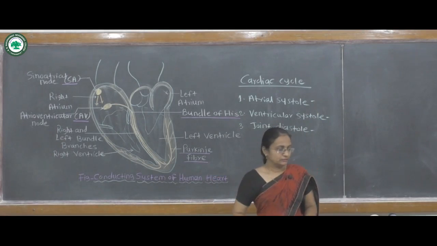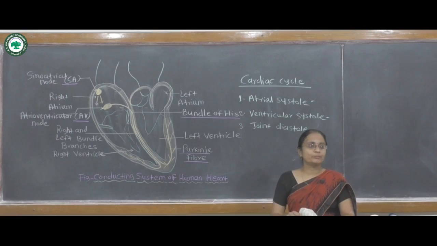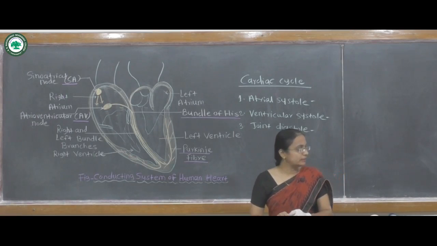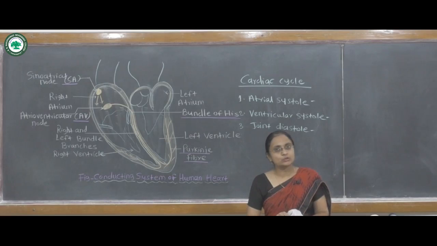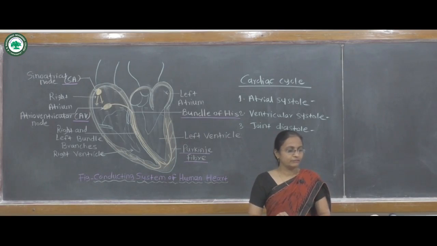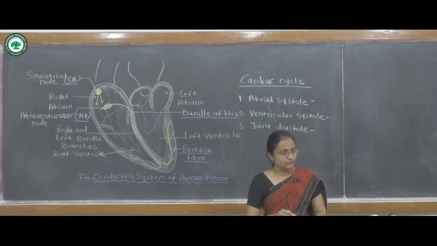The cardiac cycle is completed within 0.8 seconds, meaning the human heart alternately contracts and relaxes. The contraction is called systole and relaxation is called diastole. When the atria and ventricles alternately contract and relax, they create the signal of the heartbeat, known as the cardiac cycle.